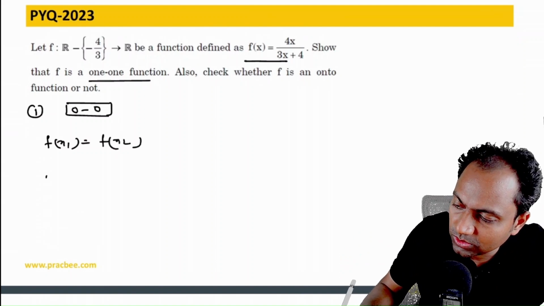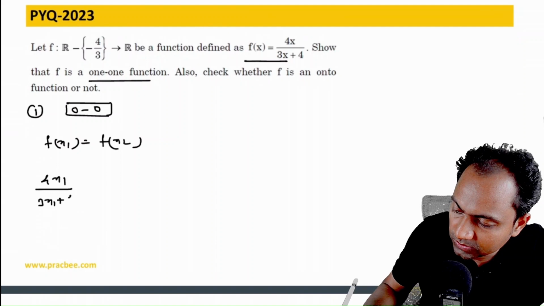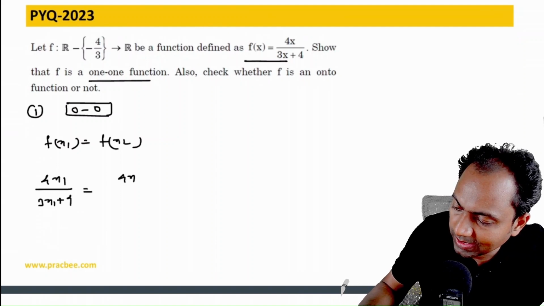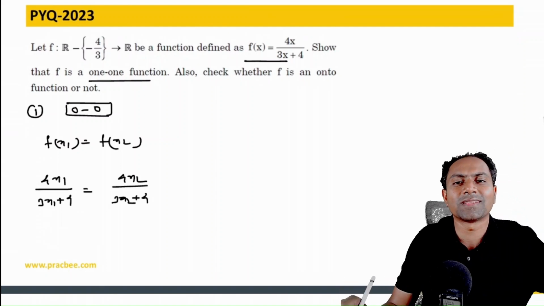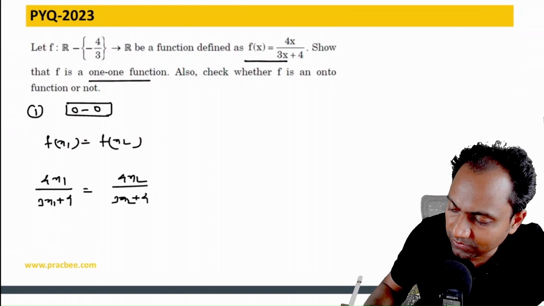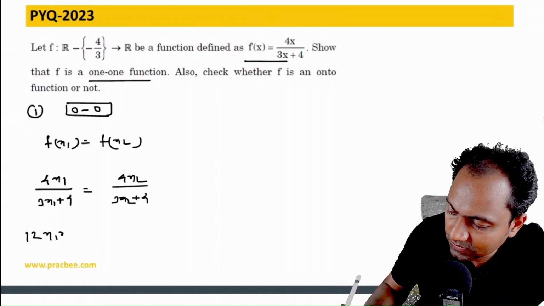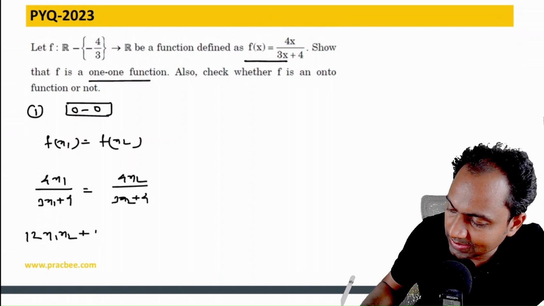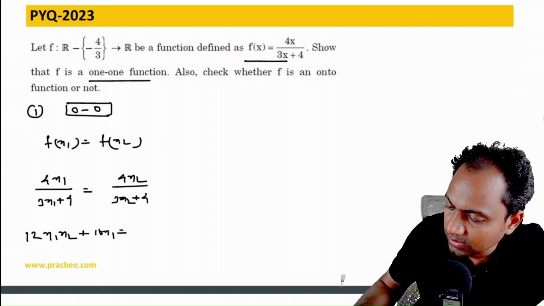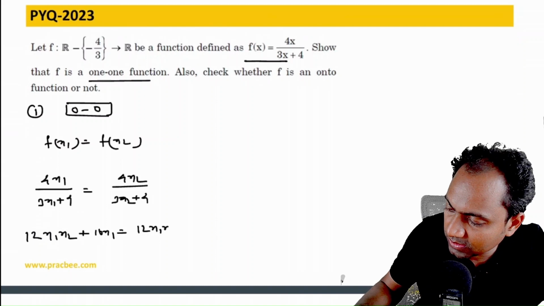So if I do so, this is 4x1 by 3x1 plus 4, equal to 4x2 by 3x2 plus 4. Now, once you have written this, all you need to do is cross multiply. And if you do, this becomes 12x1x2 plus 16x1, equal to 12x1x2 plus 16x2.